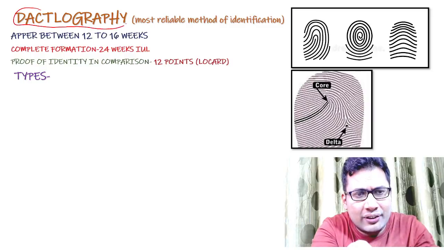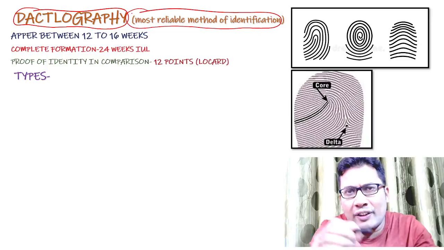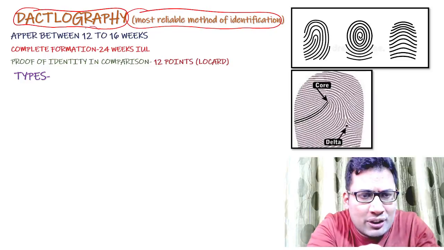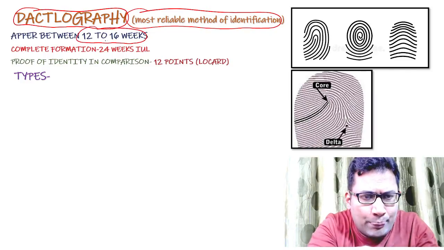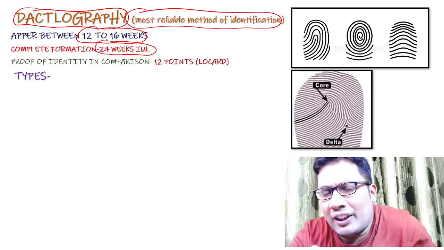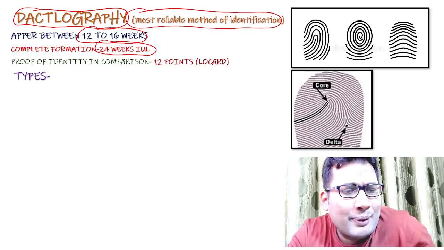It can be asked in upcoming exam. It is the most reliable method of identification. Appear between 12 to 16 weeks. Complete formation occurs around 24 weeks of intrauterine life. So this can be asked in upcoming exam.